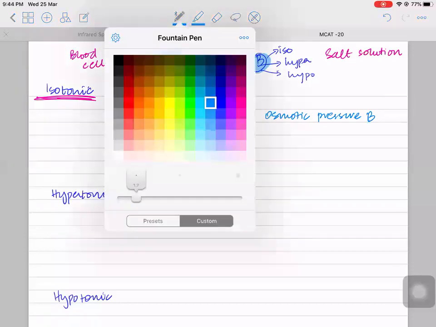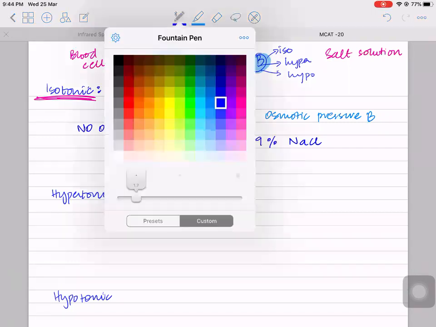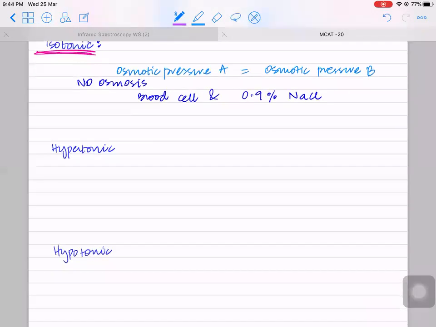And when they have equal osmotic pressure, there will be no osmosis, right? An example is that a blood cell is isotonic with the 0.9% salt solution. They are isotonic because their osmotic pressure will be the same, there will be no net movement, and this is seen with blood cell and 0.9% NaCl.